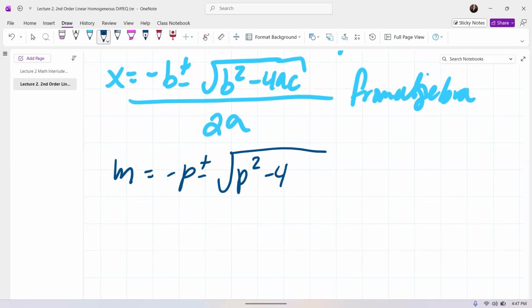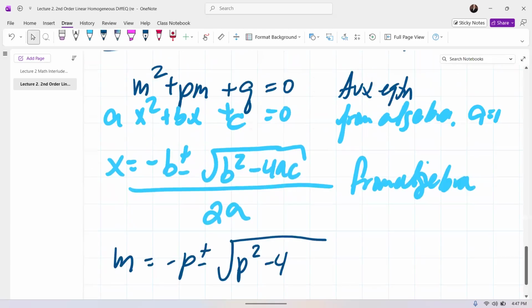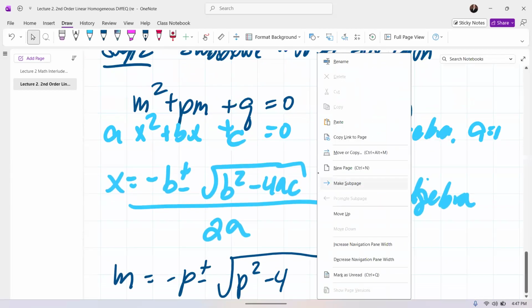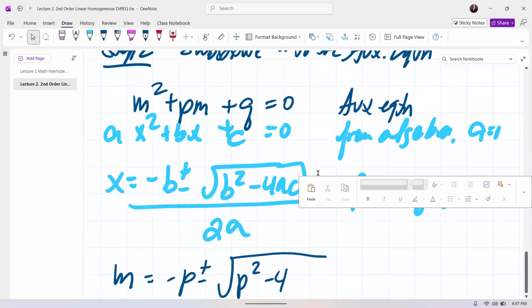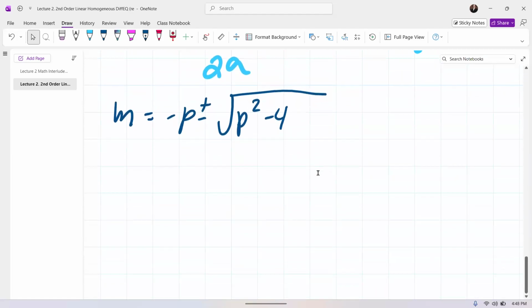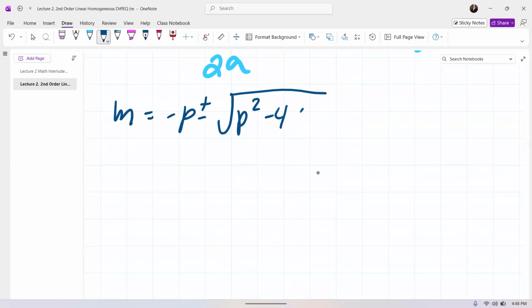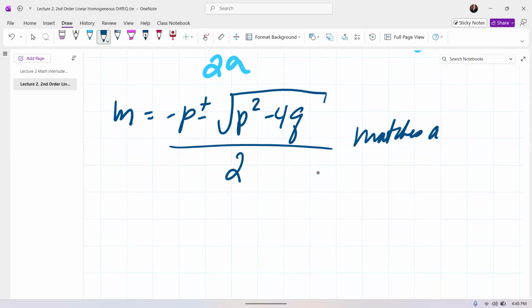Now remember that a is set to 1 in our situation, so we should never have a leading coefficient other than 1. So we can skip that, and then it will be 4ac, which in our case is now q, over 2 times a. But remember, a is 1, so it's going to be over 2. This matches the auxiliary equation. And that's how the solution goes.